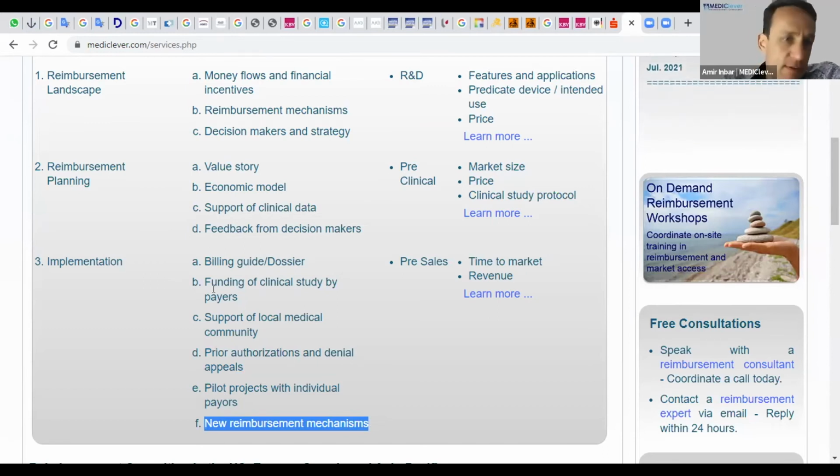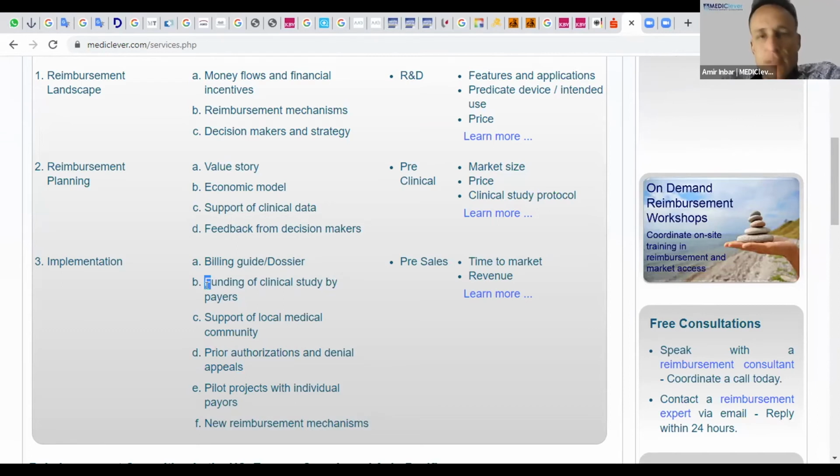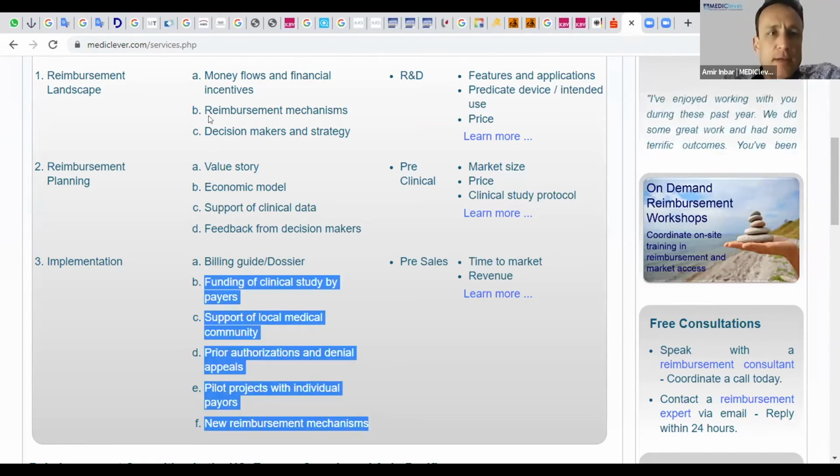And this, of course, could take several years and cost much more money than commercializing the product under any existing reimbursement mechanisms.